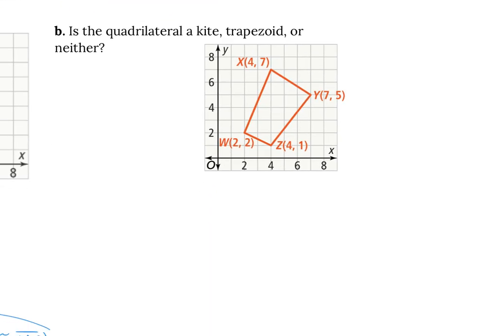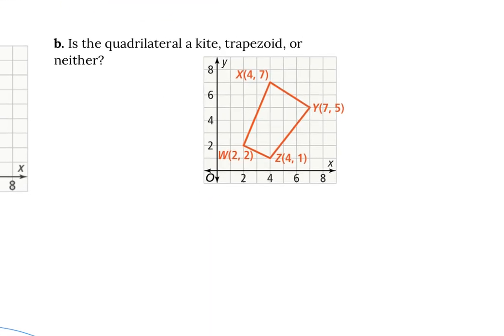Okay, B. We want to check to see if this quadrilateral is a kite, trapezoid, or neither. So again, we want to check the slopes to see if we have any parallel sides.